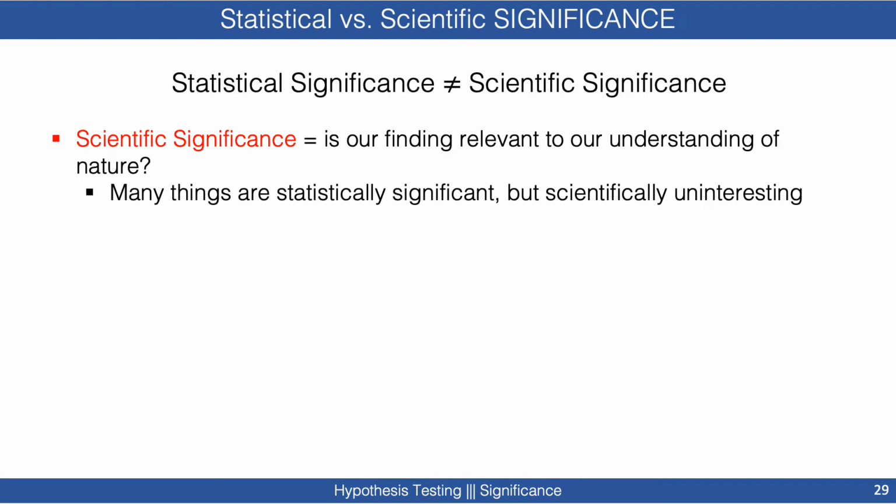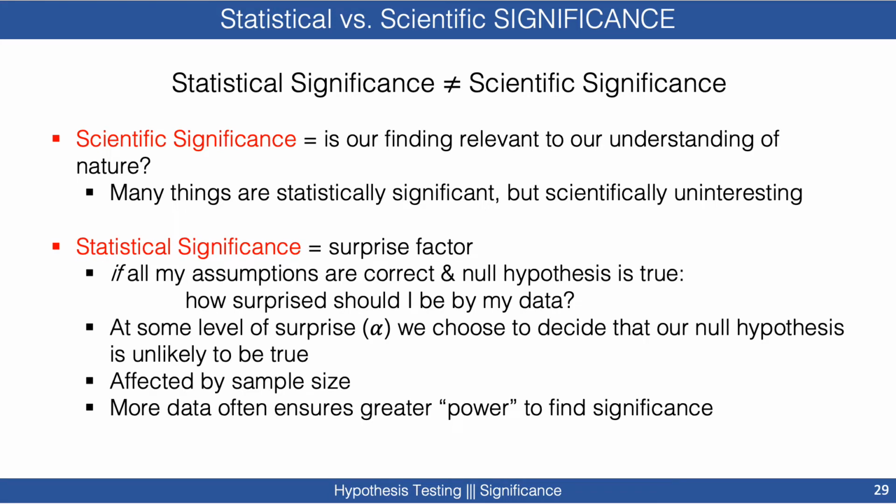A tiny effect of our gene could be really statistically significant if we sample enough mice, but it may not really impress anybody or yourself because a tiny effect might not really explain much of the biology. Again, statistical significance is this surprise factor under the null hypothesis, and as I mentioned before, it is affected by many different things. So we need to be really careful when we interpret the statistical significance of our result.